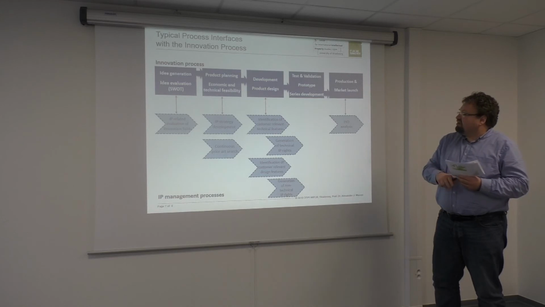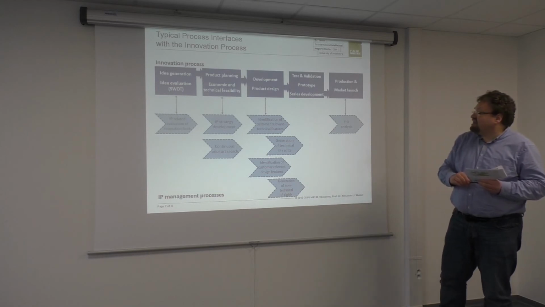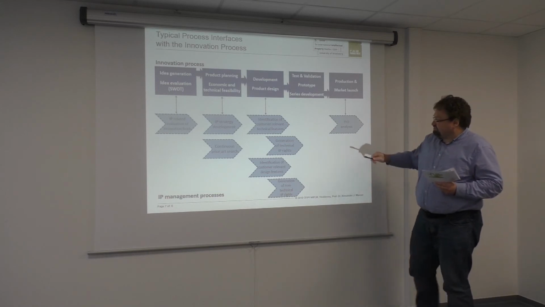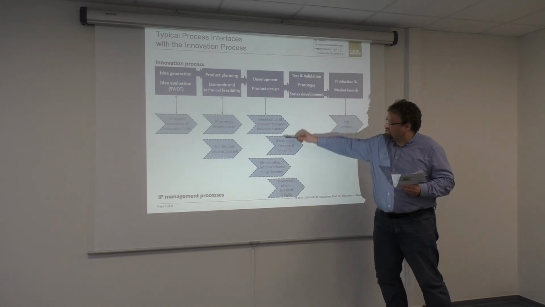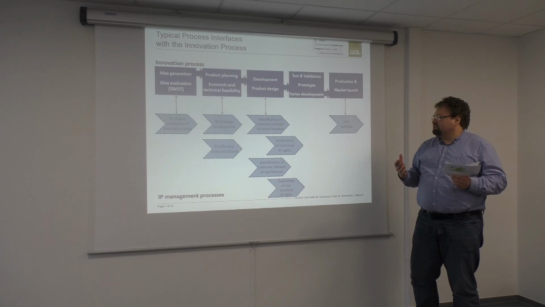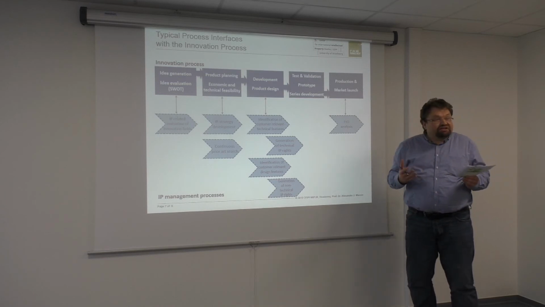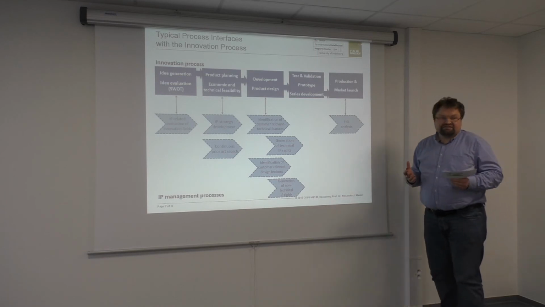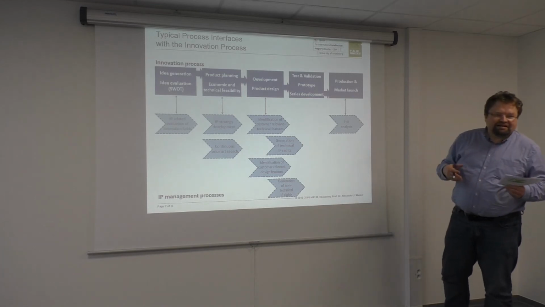The third part of our innovation process is development. What will we do on the IP side? In this position, we identify the relevant technical features which are necessary to fulfill the customer needs.